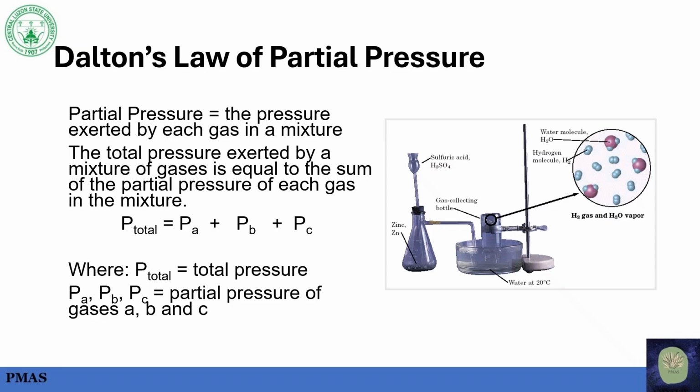The total pressure exerted by a mixture of gases is equal to the sum of the partial pressures of each gas in the mixture. So the total is the sum of all partial pressures, depending on how many gases are in the mixture. Where P total is the total pressure, then PA, PB, PC are the partial pressures of the respective gases.